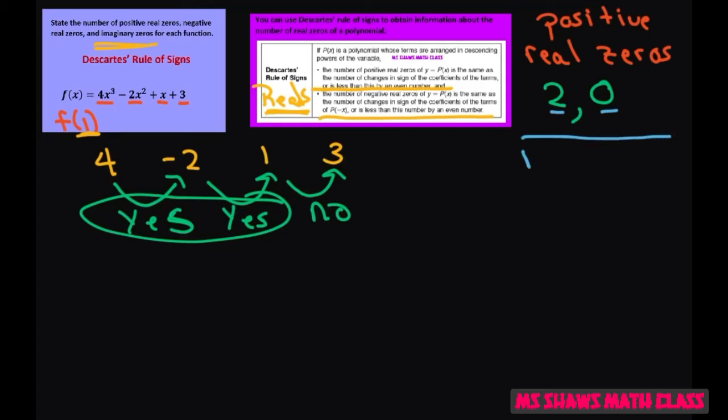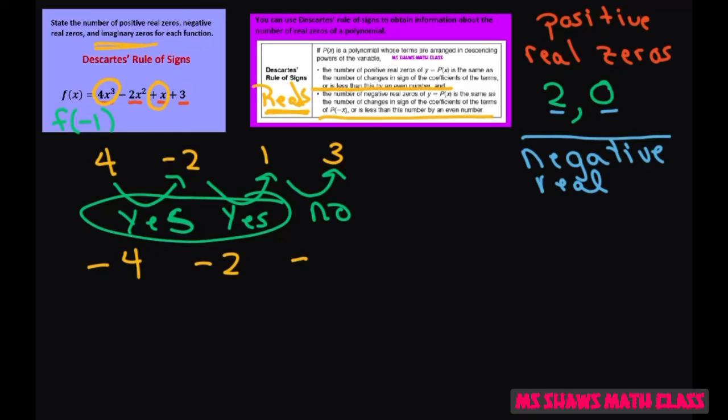Now let's look at the negative real solutions. So if we do that, all you do is instead of f of 1, plug in f of negative 1. Now that's going to change these odd powers. It's not going to change anything else. So for this one, we're going to have negative 4. We still have negative 2.